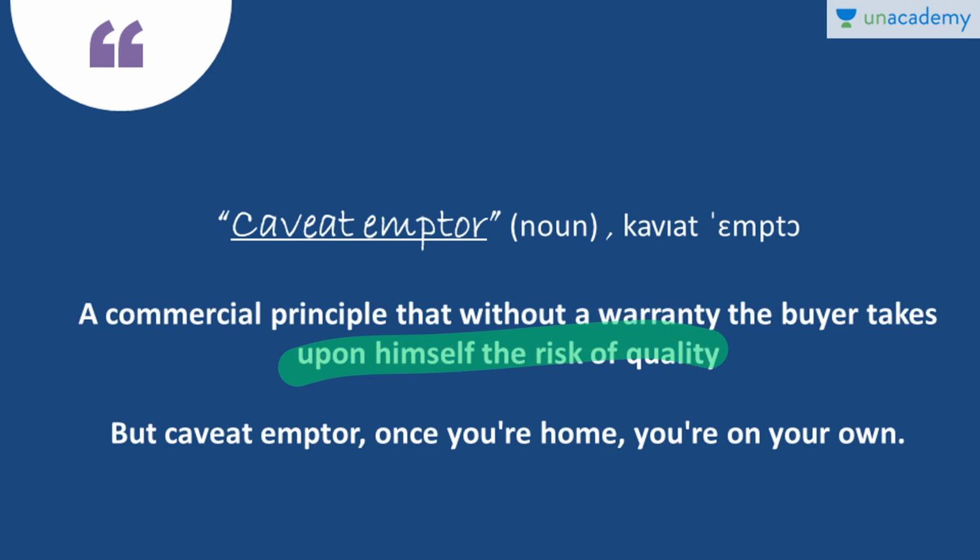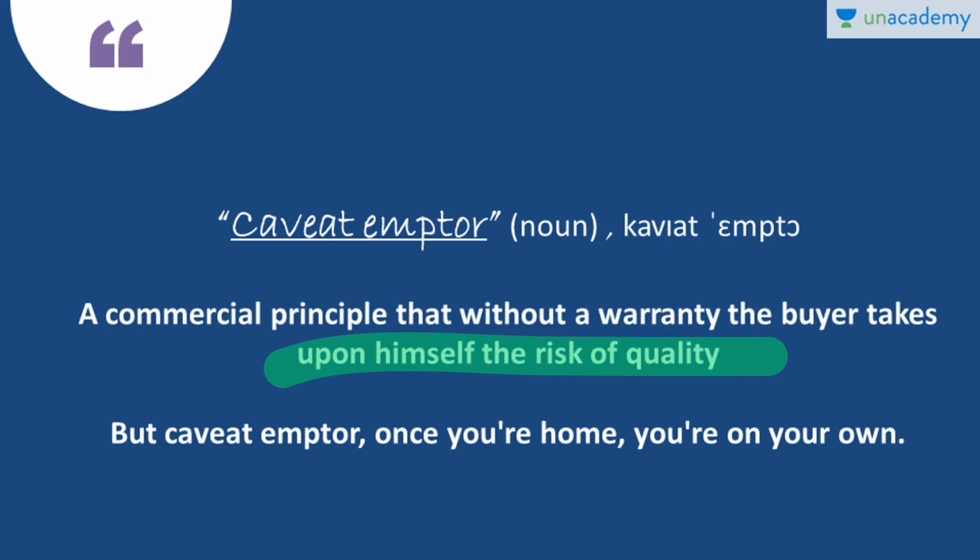We'll discuss it, but before that let's talk about the pronunciation. Here it is, caveat emptor. Now a commercial principle that without a warranty the buyer takes upon himself the risk of quality. Let's say you are going to a shop to buy something.